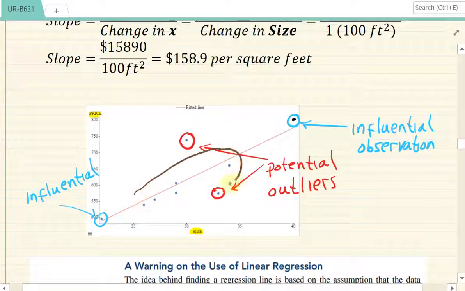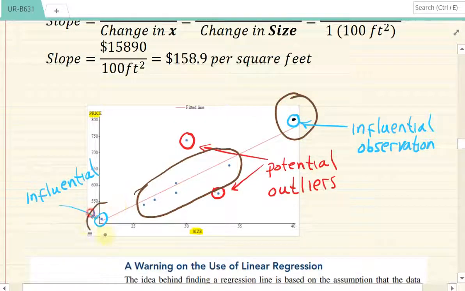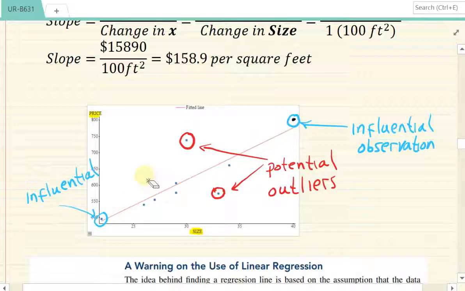And here's actually the cluster we're looking at. Not a big cluster, but nonetheless, it's a cluster. So these 2 points are clearly away from them, but they are alongside of them. You see that? So they are not outliers, but they are influential observations.